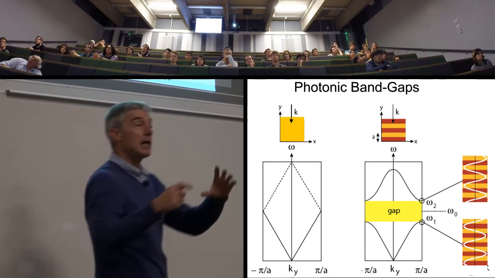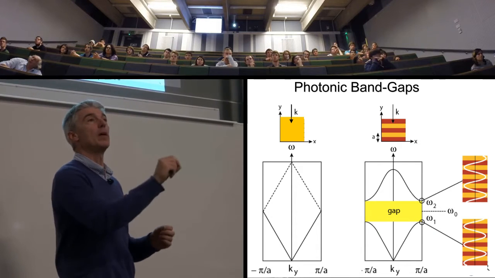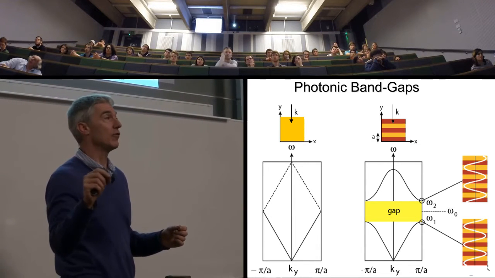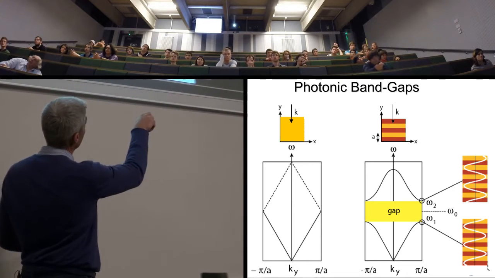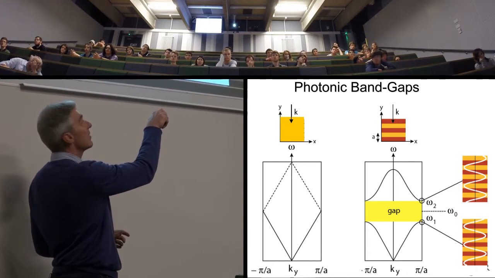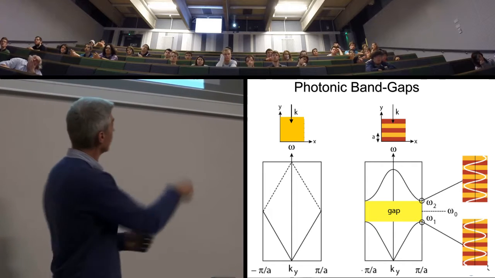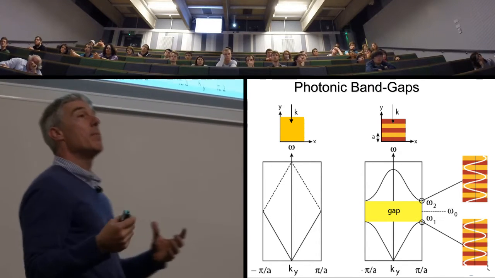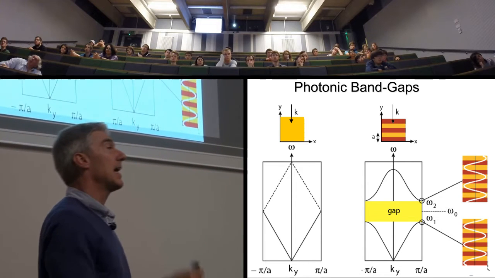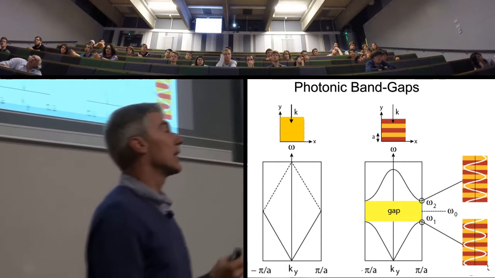There's a gap in the omega with respect to k relation that prevents the propagation of these frequencies. In other words, of these wavelengths. In other words, of these colors. So what we're looking at there is a gap in the way photons can propagate.